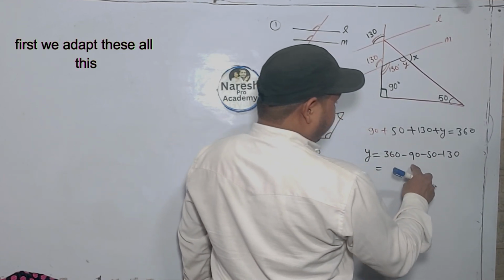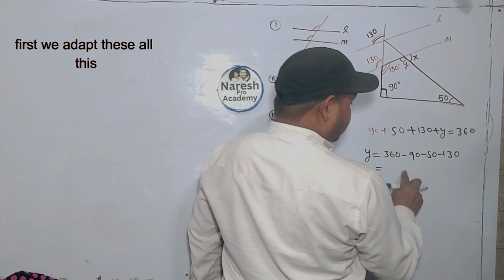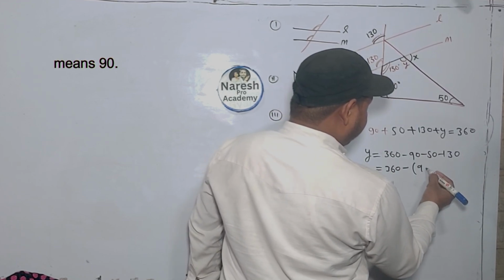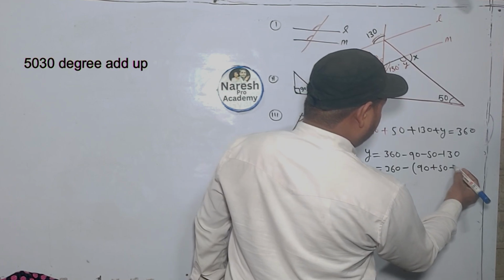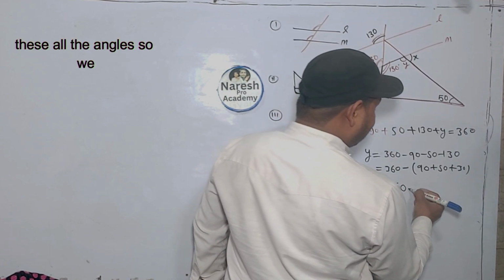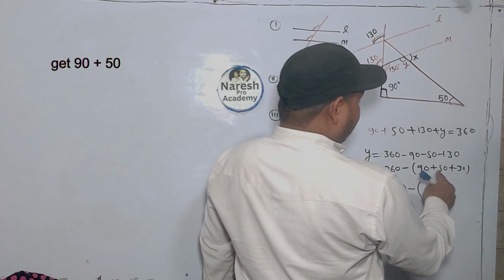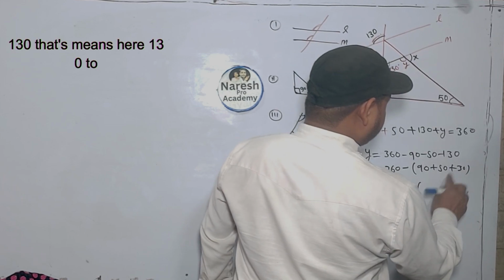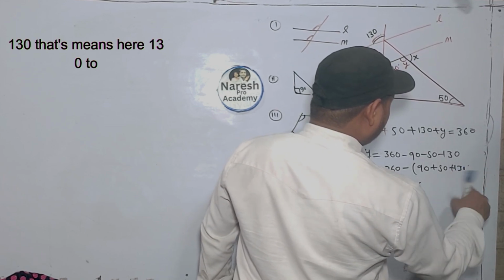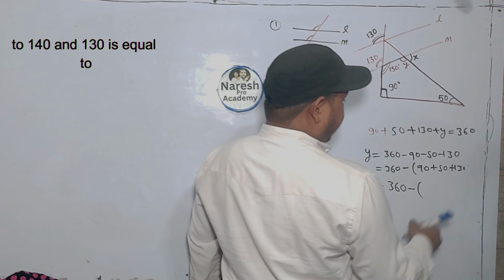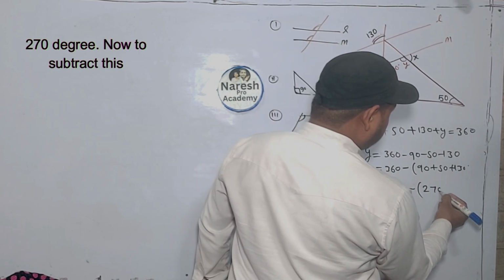First we add up all these parts: 90 plus 50 equals 140, and plus 130 is equal to 270 degrees.